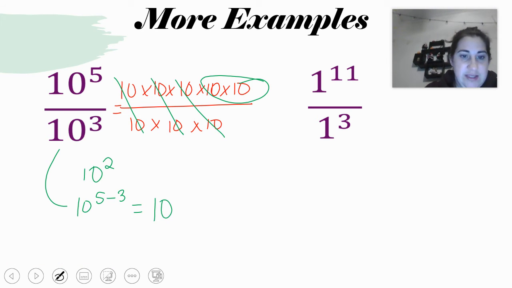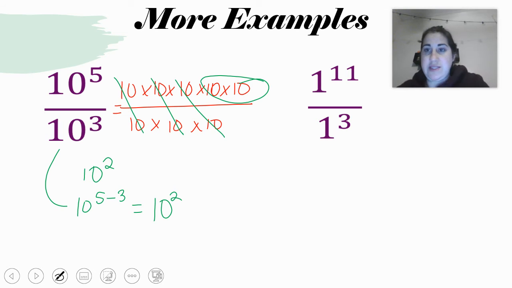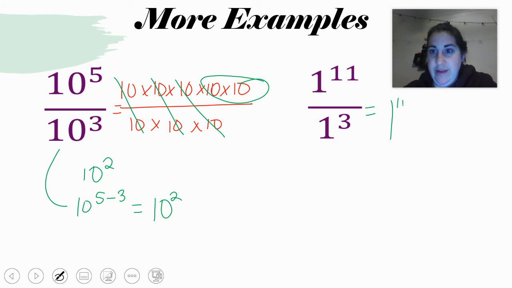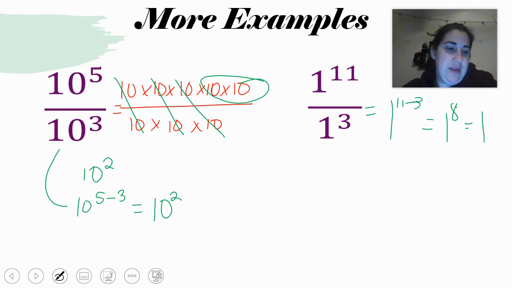Well, that gives me 10 squared. Okay, let's try this one. I would have 1, it's my same base, 11 minus 3. Well, what does that give me? 1 to the 8th power. Or guys, it's a base of 1, so it's just going to be 1.